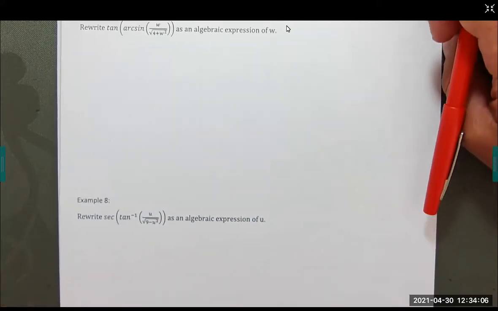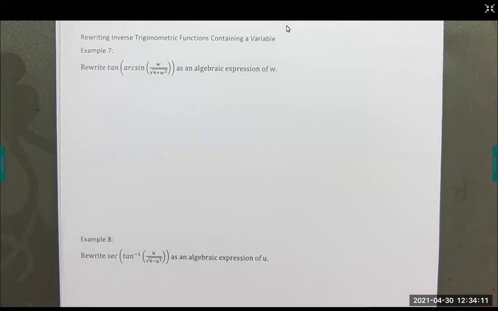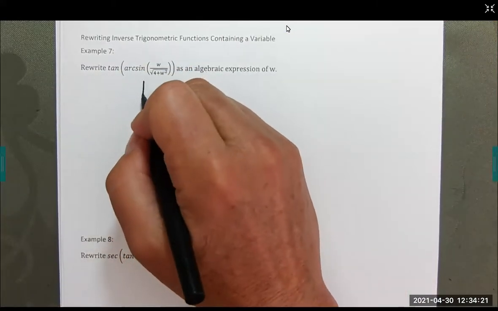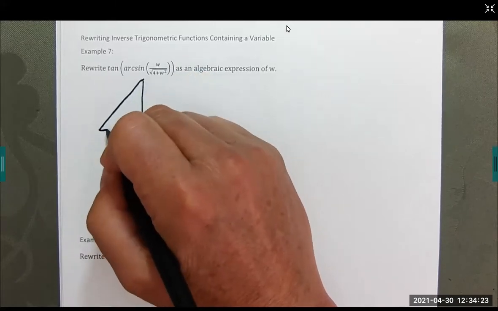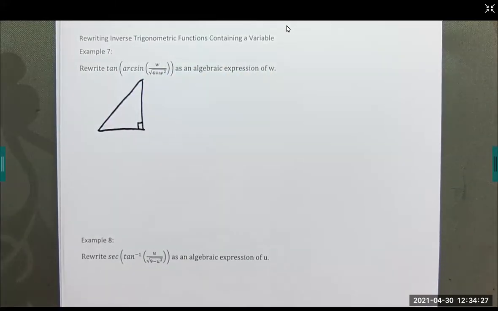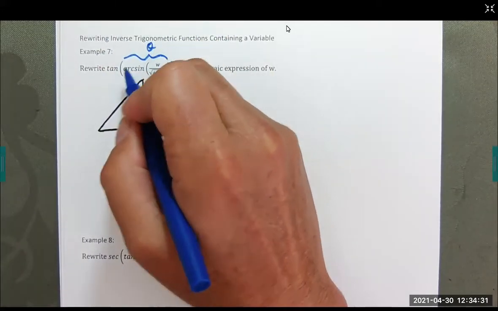Next up. So this looks more complicated than it is. But the key to this is building the triangle. Again, keeping in mind that all of this is just a big angle.